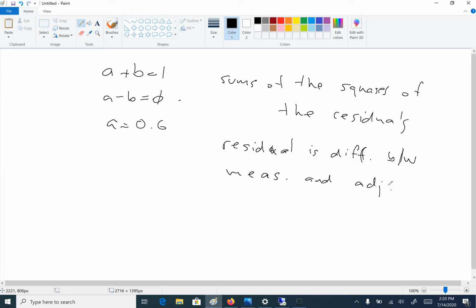So the least squares solution minimizes the sums of the squares of the residuals.